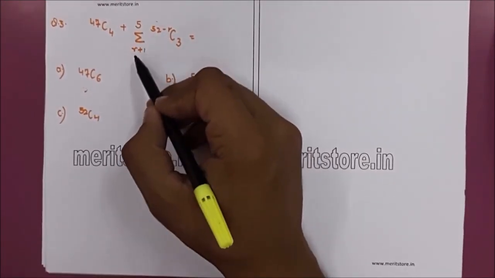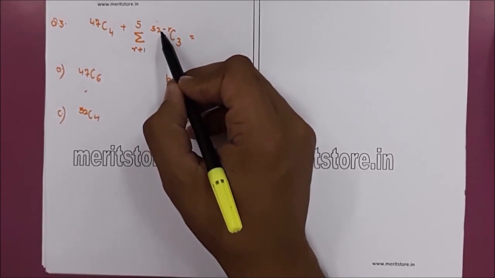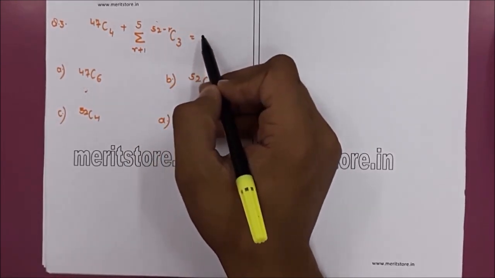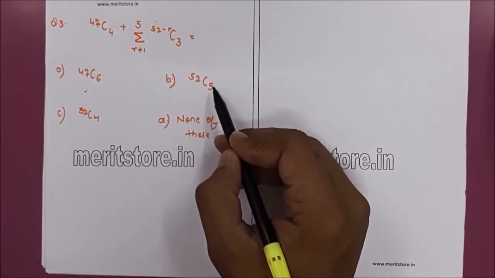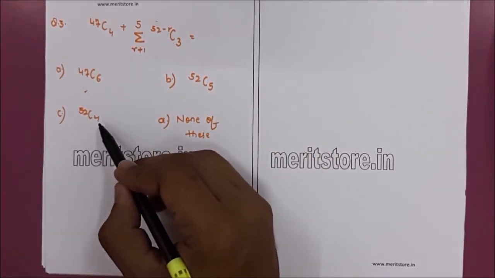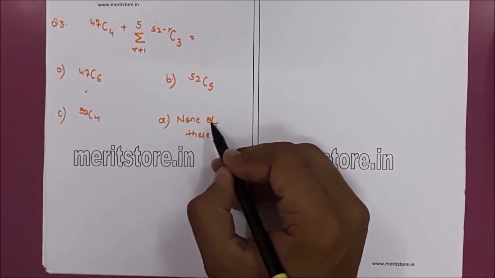47C4 plus the summation of r equals 1 to 5 of (52 minus r)C3 is equal to option A 47C6, option B 52C5, option C 52C4, option D none of these.